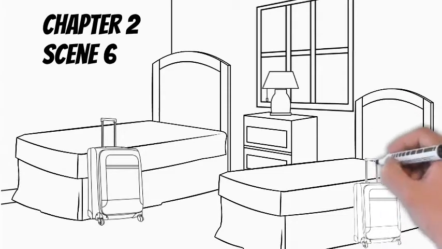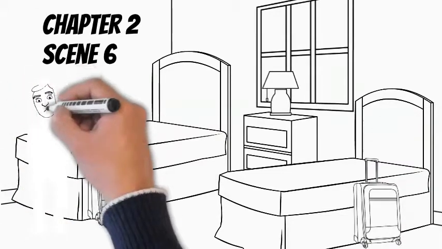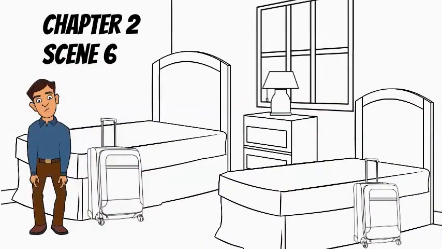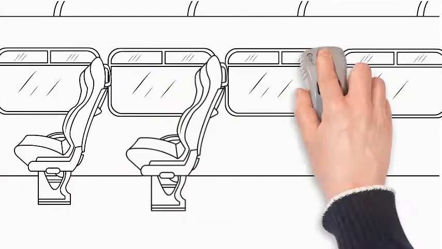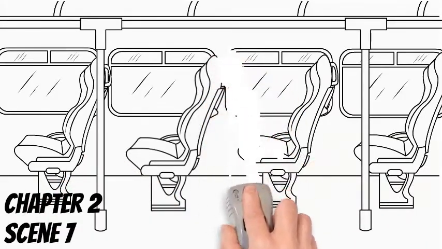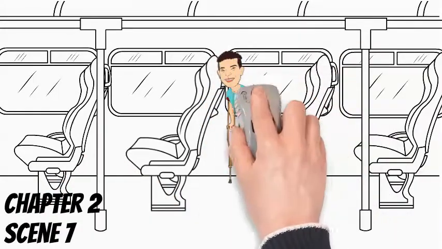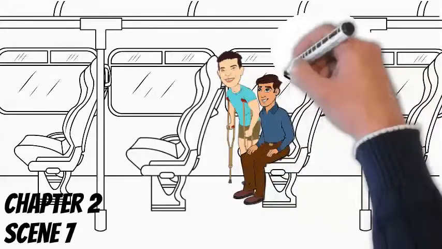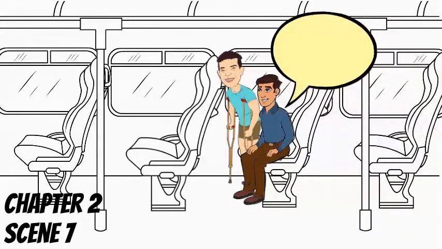So in Chapter 2, Scene 7, Percy and Grover are back on the bus. And while they're on the bus, Percy springs it on Grover and says, "Well, are you looking for the kindly ones?" Because Grover's acting a little jumpy. Grover is shocked that Percy realizes that they had a conversation about him.